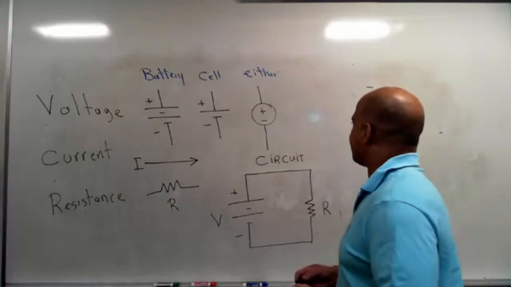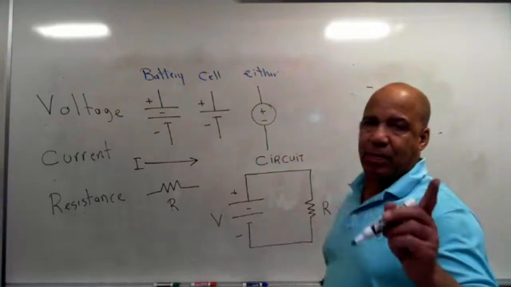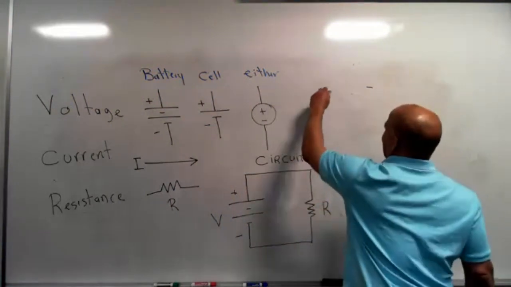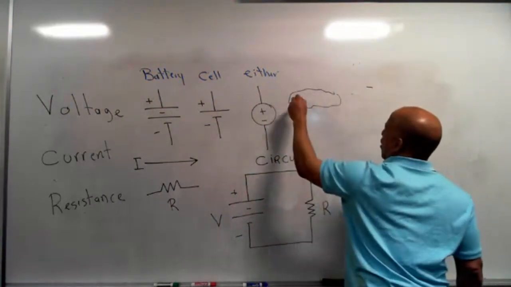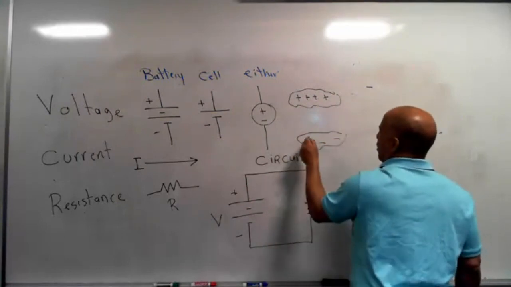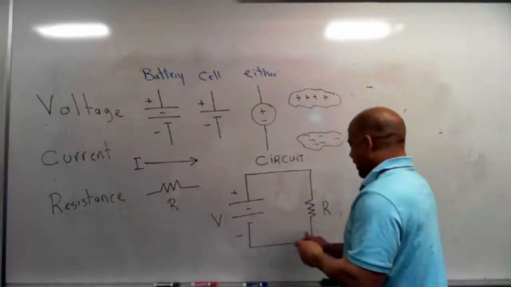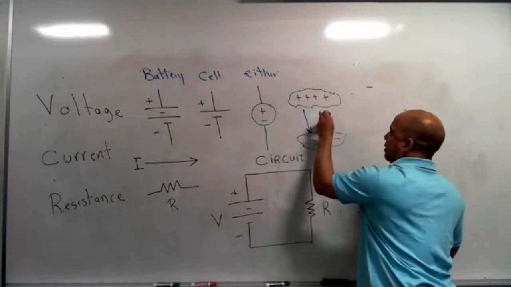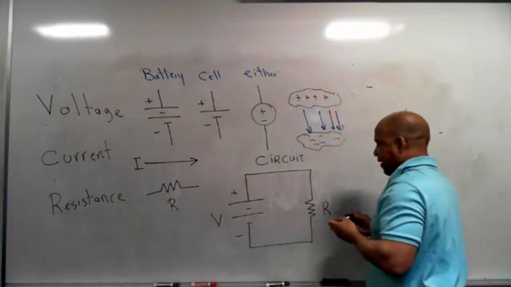And one last thing, let me go back to current just real quick. You know how it works now. I have to create a voltage by separating charge. So let's say I've got positive charge, and down here I've got negative charge. I've got the electric field. The electric field always goes from plus to minus like that. That's my E field.